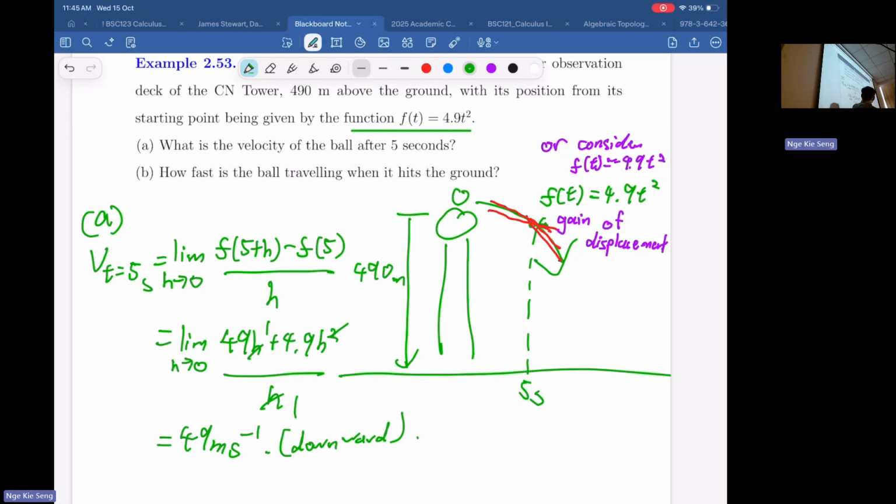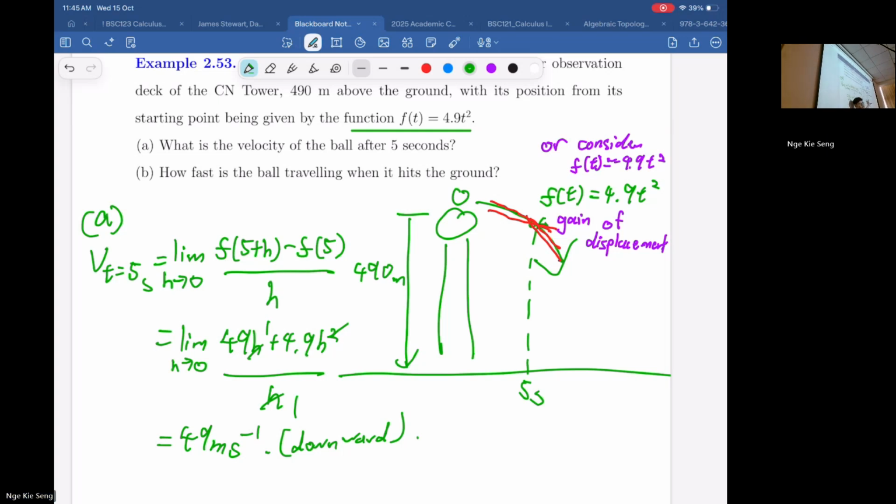I think this is another reason why they set this function to be positive. If you set this function to be negative, then this height would become negative also, because your direction is negative. Make sense or not?